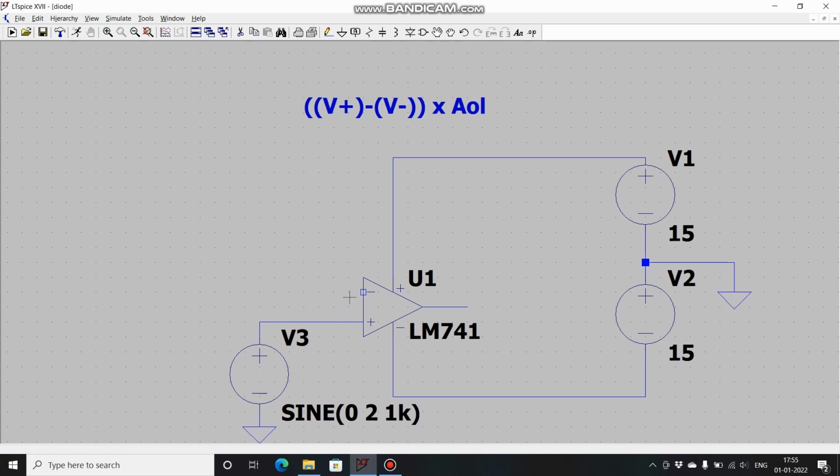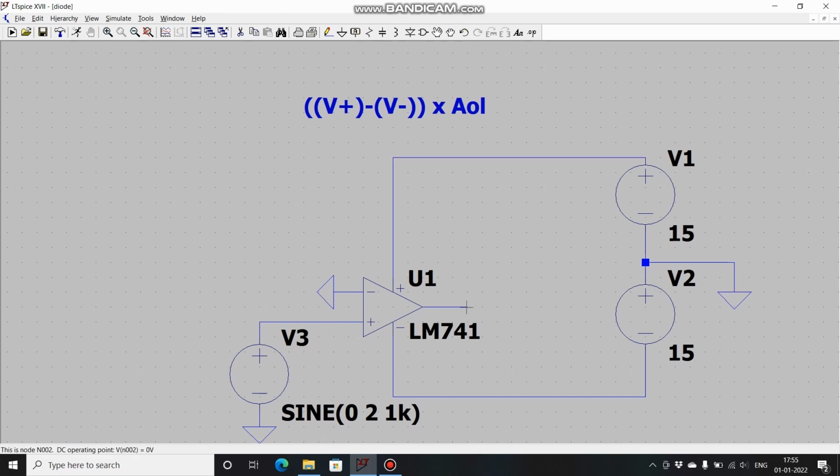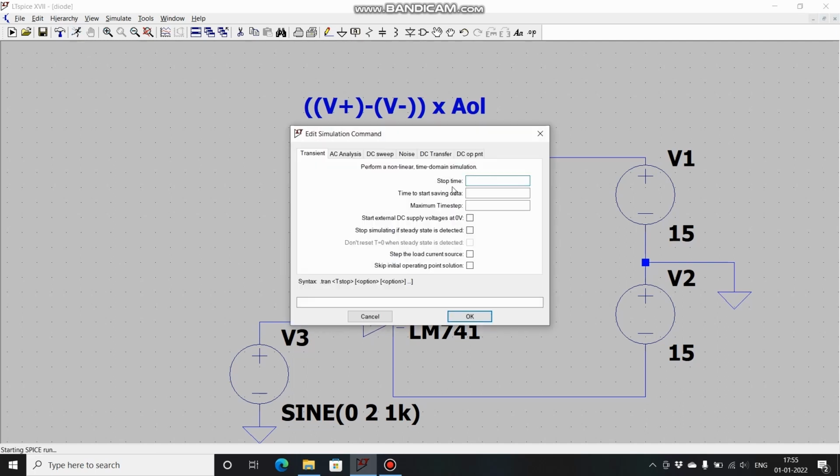Now, let's set this reference to 0 volts, so I will connect it to ground. So whenever this sine wave crosses 0 volts, I will be having a positively saturated output, which means my output will be near to 14 volts or something. Let's simulate this. I will keep the stop time as 10 milliseconds.